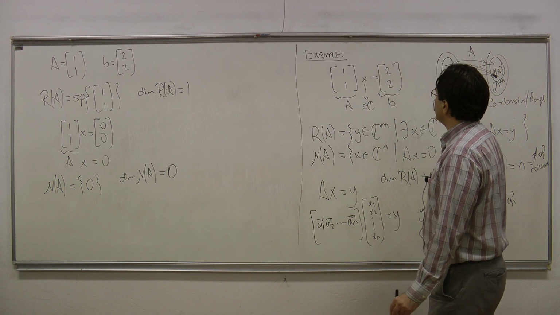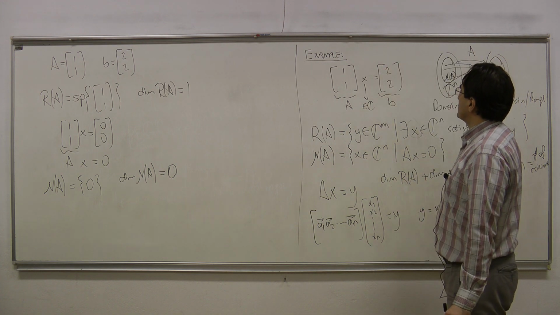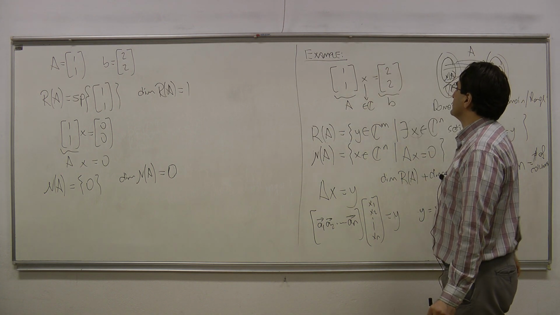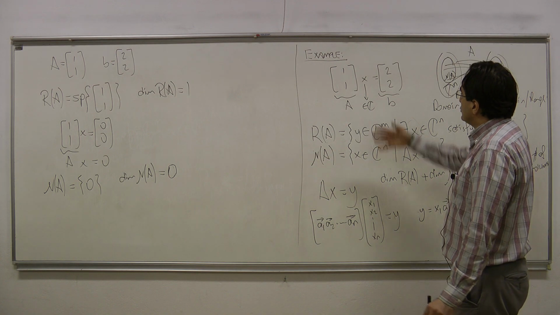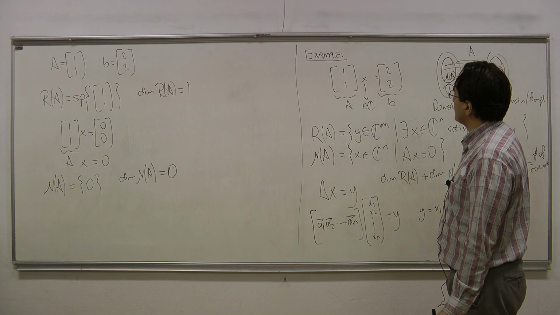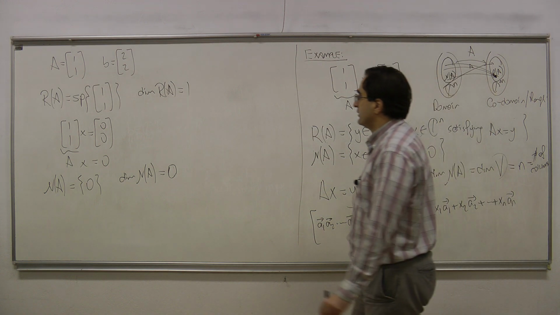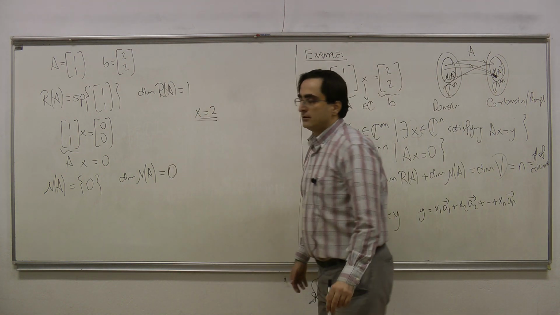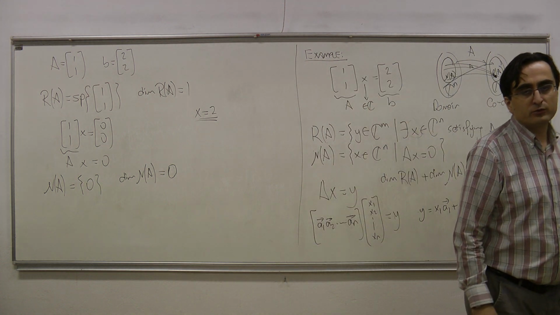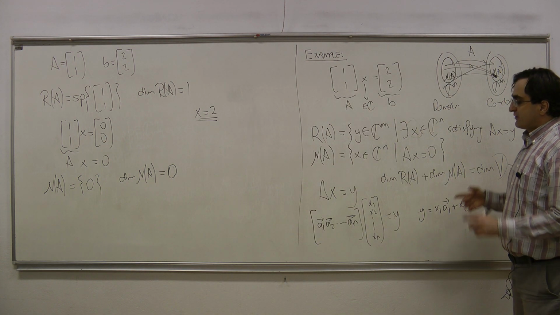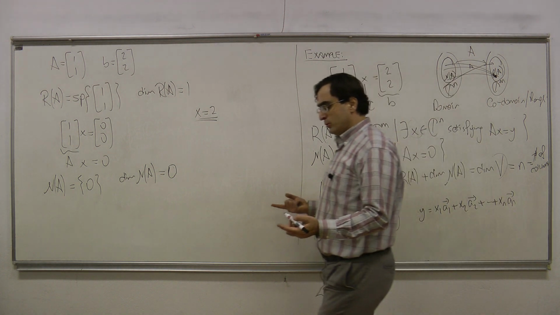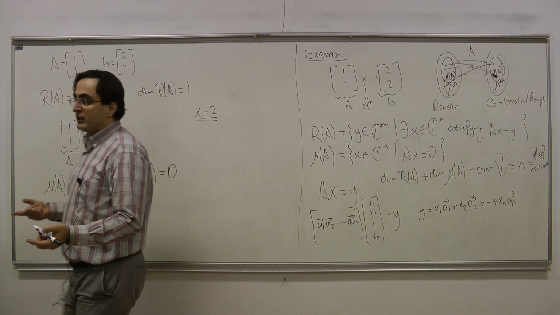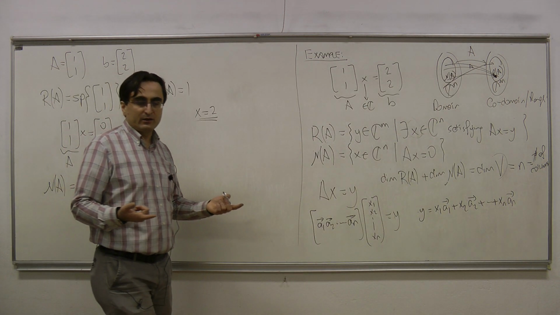Now I'm asking you the following question. Is there a solution to this equation? And you obviously see that there is a solution, and that solution is x is equal to 2. That is my solution to this equation. And since I have found an exact solution, I will ask you, is this solution unique?